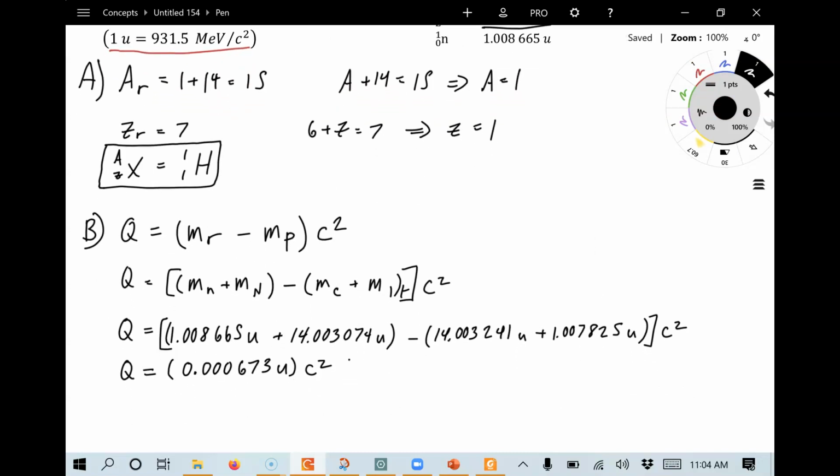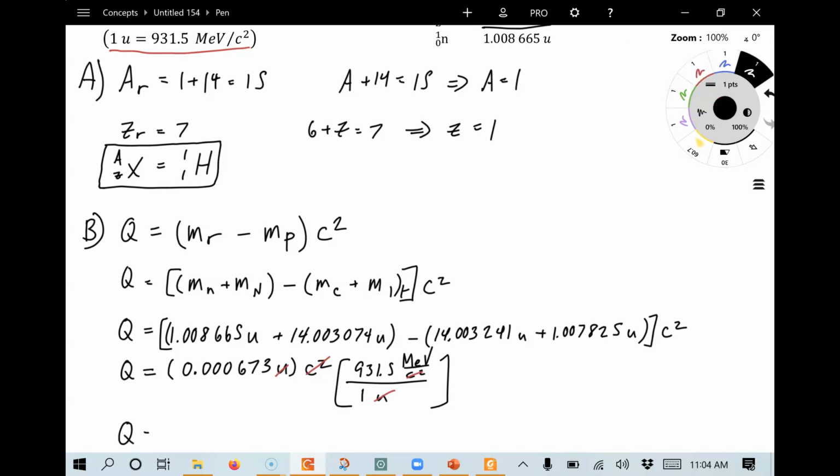I want to get rid of the U's, so I put those in the bottom, and then that's 931.5 mega electron volts per c squared. We cancel out the c squared, which is nice, and we cancel out the U, and we are left with an energy in mega electron volts.